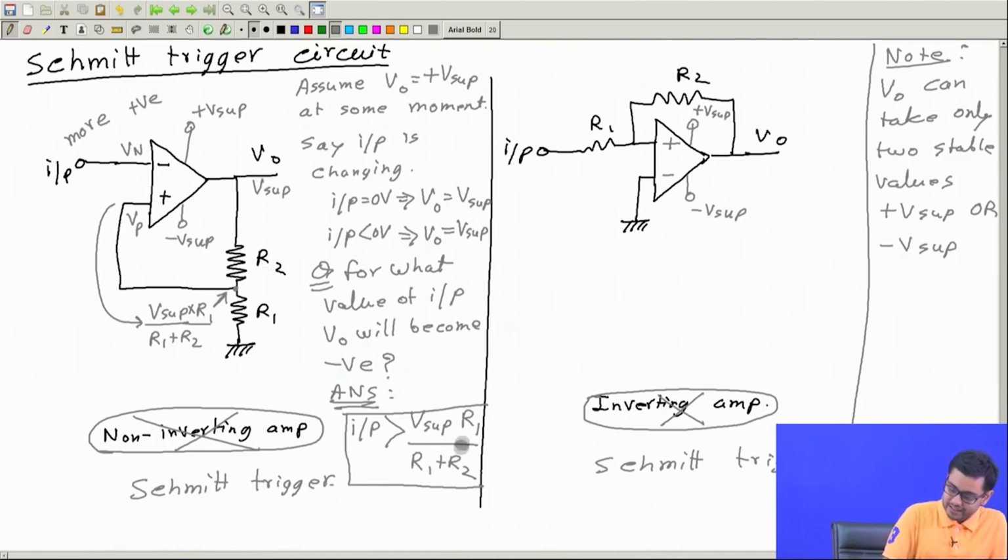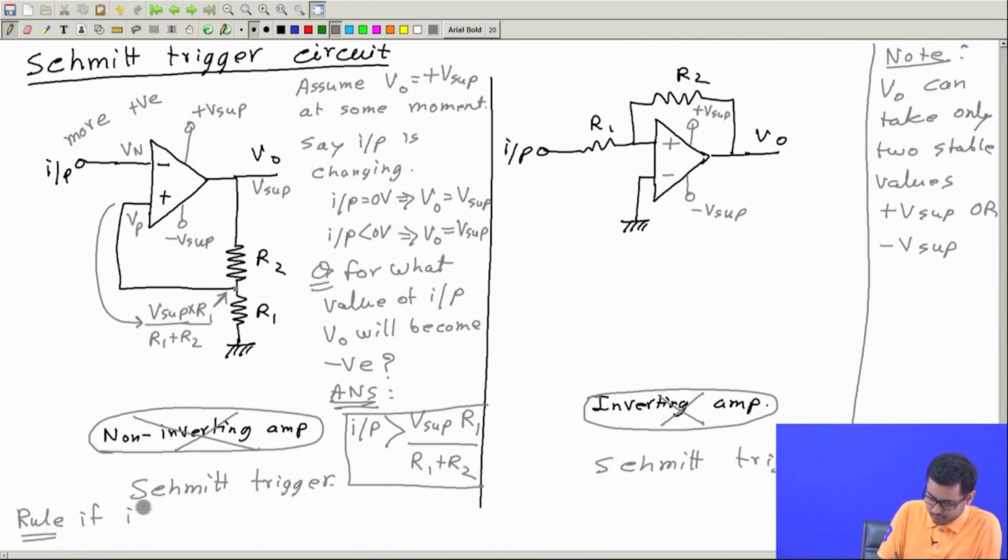So, this is the boundary or transition value, this is the value of the input. If you make the input beyond this, more positive than this, output will become negative.